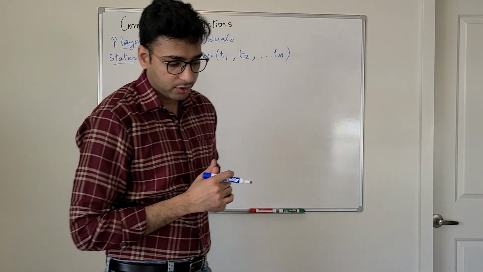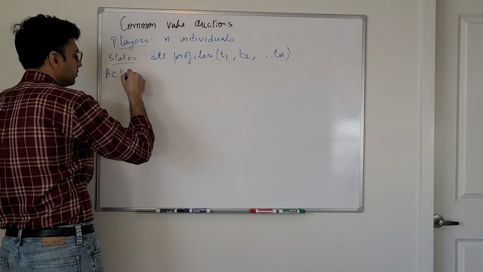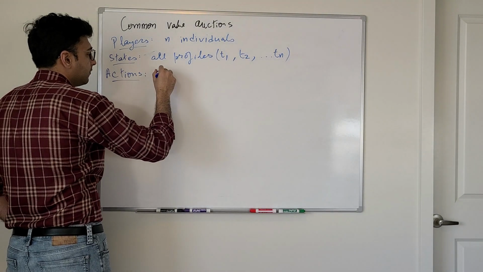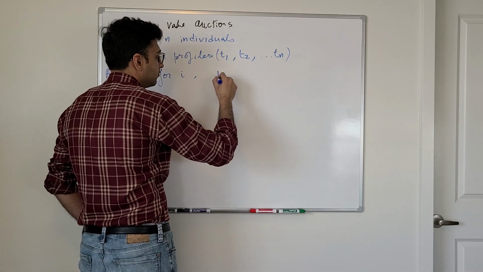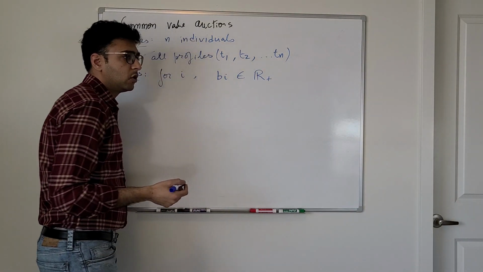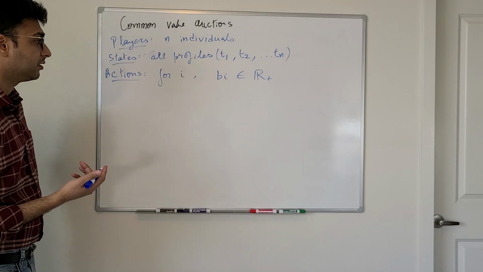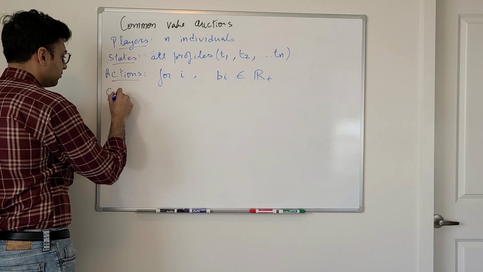Then the next thing I want to describe is actions. An action here for each player i is just the bid, which is going to be some non-negative real number. And then signals.